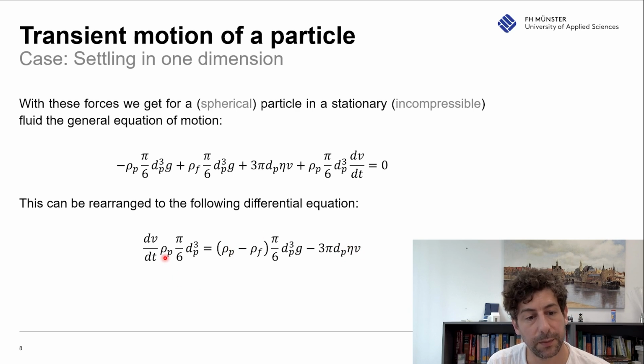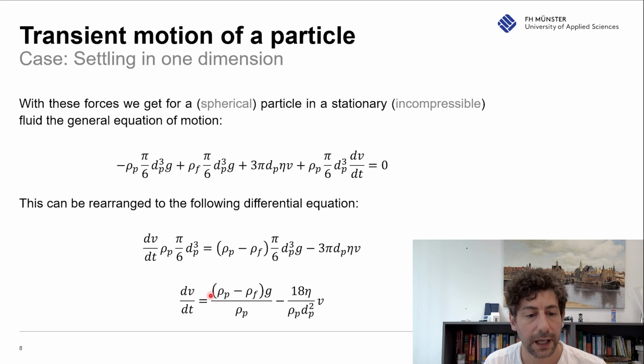So we divide by the density of the particle, we divide by pi, we multiply with 6, and we divide by d to the power 3, and then we will get the final differential equation, and this is dv divided by dt.